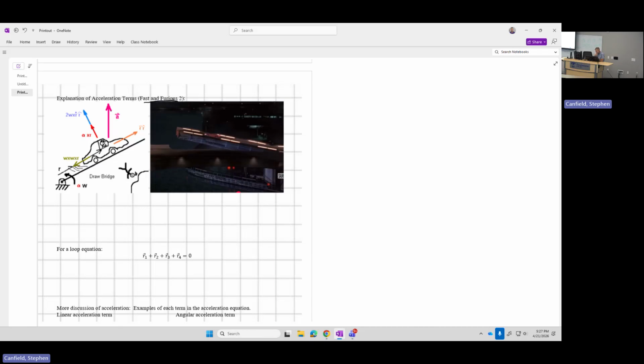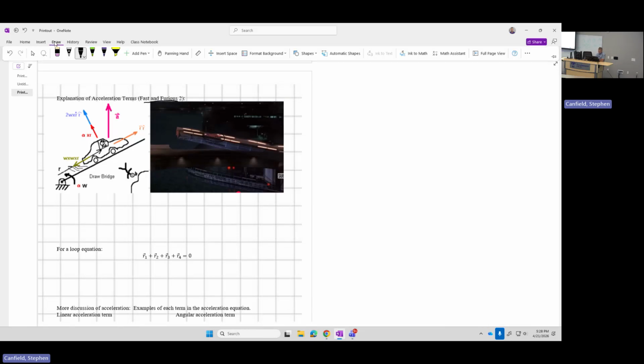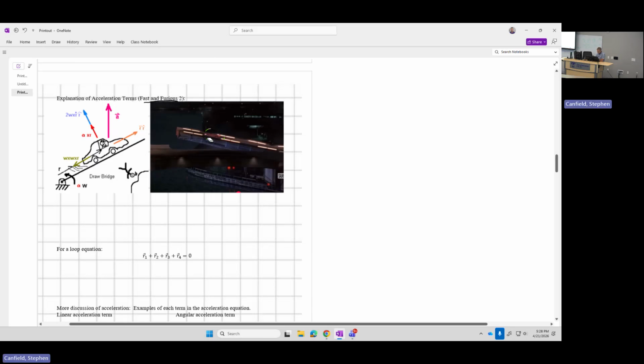So I think in Fast and Furious 2, maybe some other ones, there's a race and they're running along, and then there's a drawbridge, which is shown here on the left. You can barely see the car in my picture. The car is here. Anyhow, they're racing along the drawbridge, which is pivoting somewhere back here.